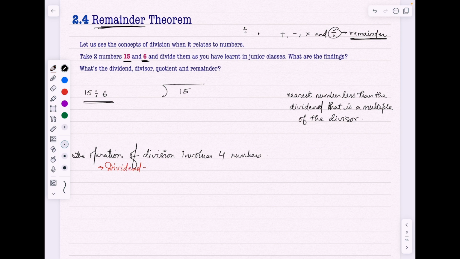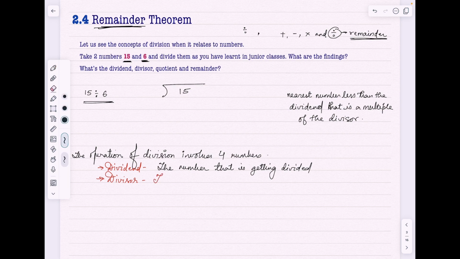Let me define the numbers, then we'll go for this example. The dividend is the number that is getting divided. The second one is the divisor, the number that is used to divide the dividend.